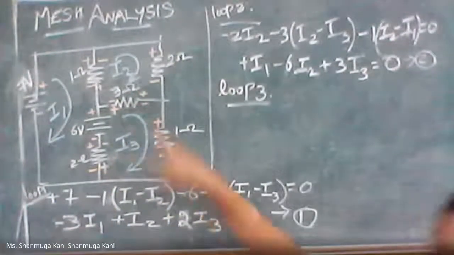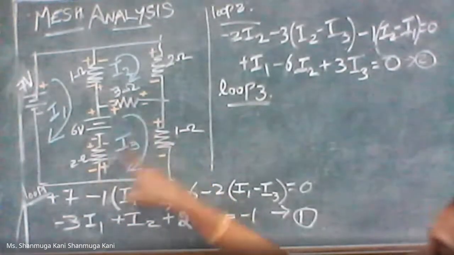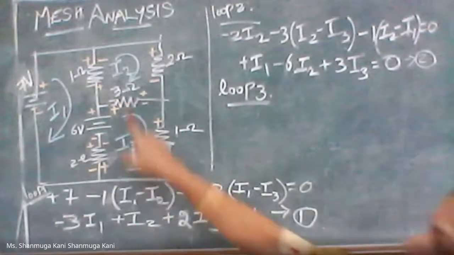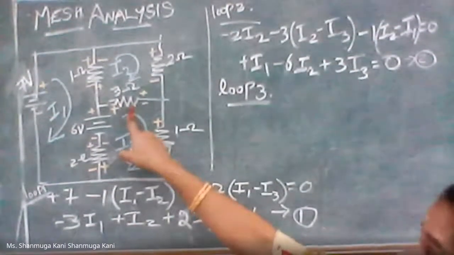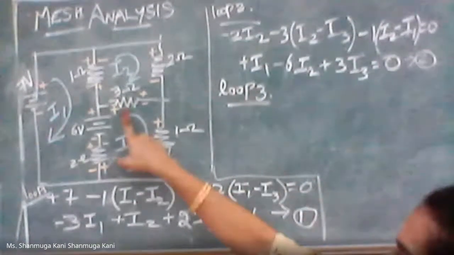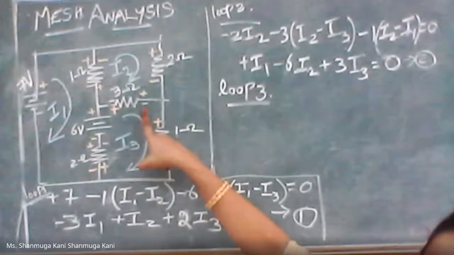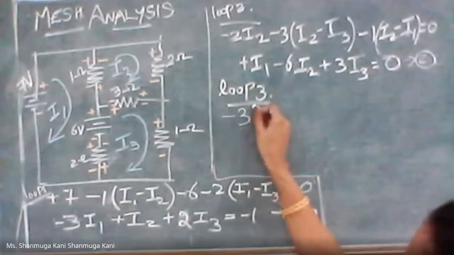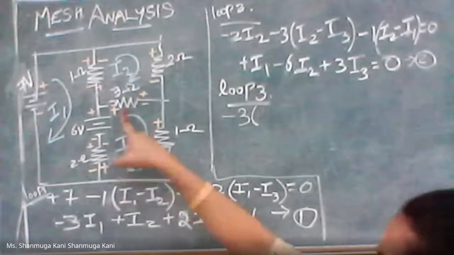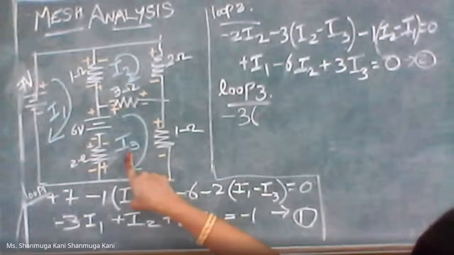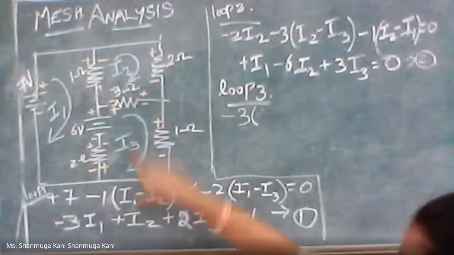This is our third loop, with 4 elements: 1, 2, 3, 4. We can start from the 3 ohm. What is the leaving sign for the 3 ohm? Leaving sign is minus, so it is -3 into the current. The 3 ohm is common for I2 and I3, and now we are considering the third loop, so it is (I3 minus I2).